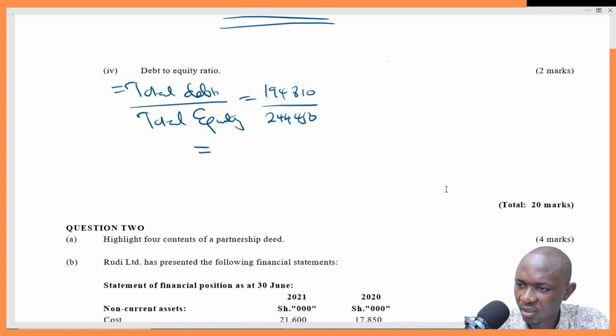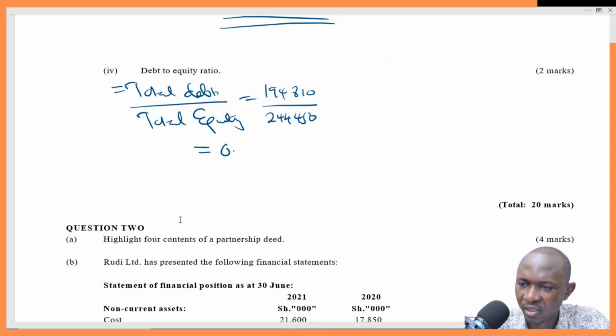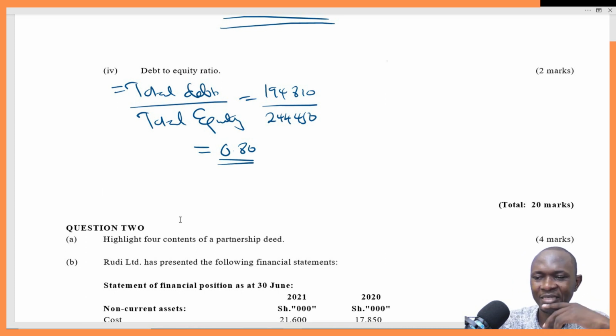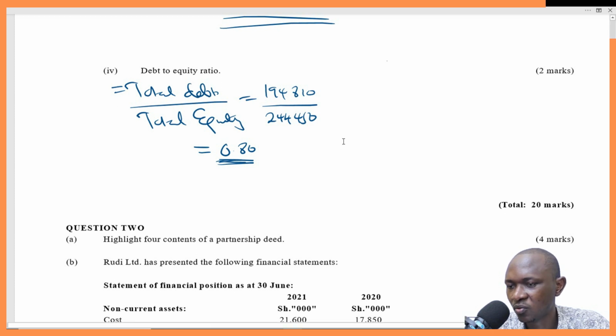So 194,810 divided by 244,450 gives us 0.79. Let's call it 0.80. It's a ratio. So it means the equity generally is better than the debts, which is good.